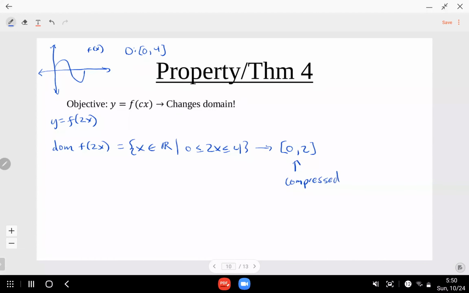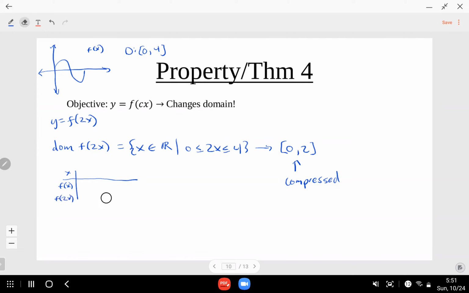And see, our new graph here, if we did f of 2x, it'd be compressed. Okay, let's do our chart here. So this would be f of x, and this would be f of 2x.